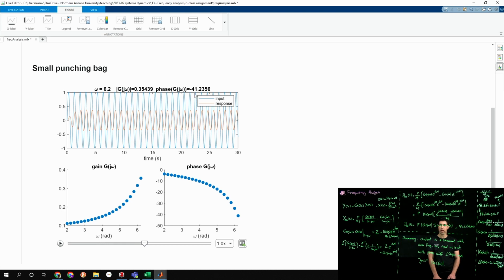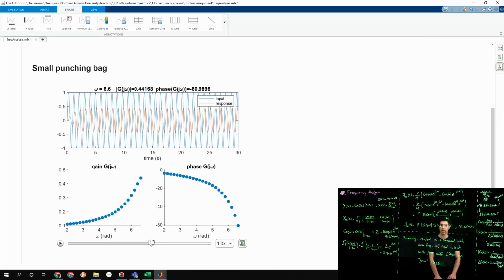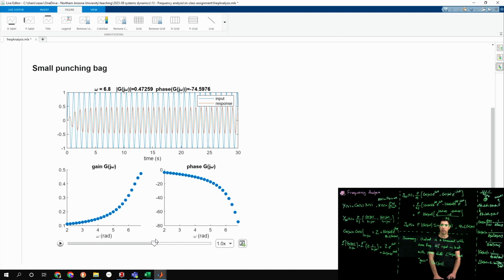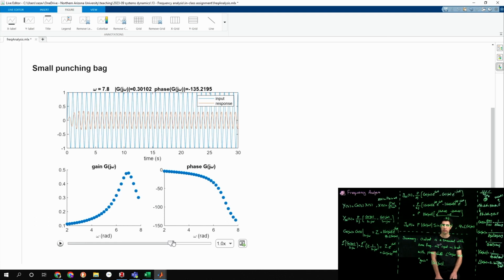You can also see the amplitude of the response is increasing compared to here. It increases until it reaches some maximum value. And after that, again, the gain starts to decrease, and the phase lag becomes more noticeable.